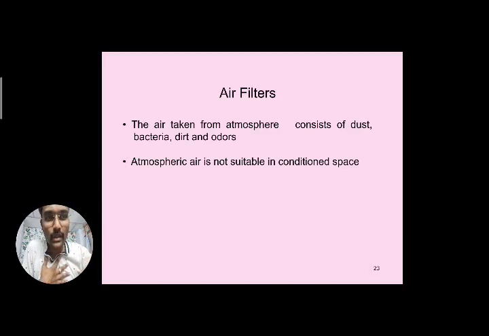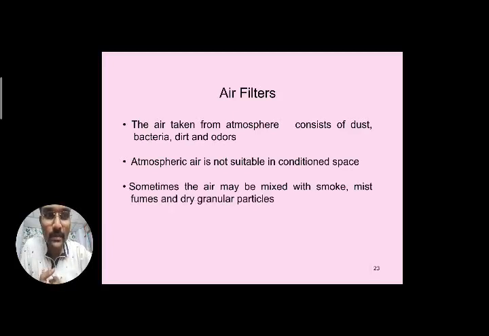Because it contains all these contaminants like dust, bacteria, dirt and odors, which will disturb our human comfort. So that air must be filtered. Bacteria may be removed using some different chemical. Dust can be removed, dirt can be removed, and odor, the smell, can also be removed by using a different chemical. Filters will remove these dust and dirt particles.